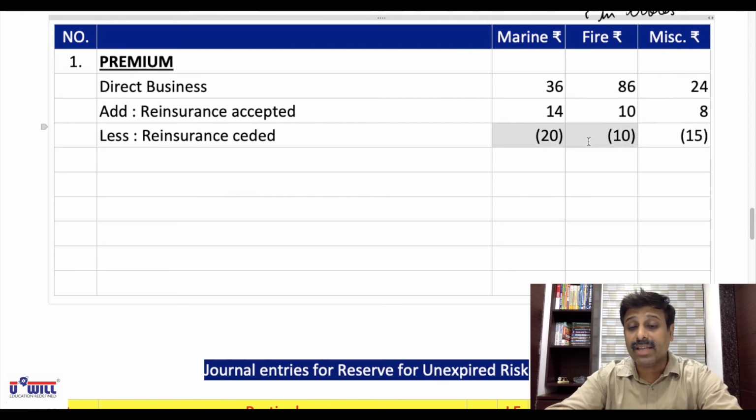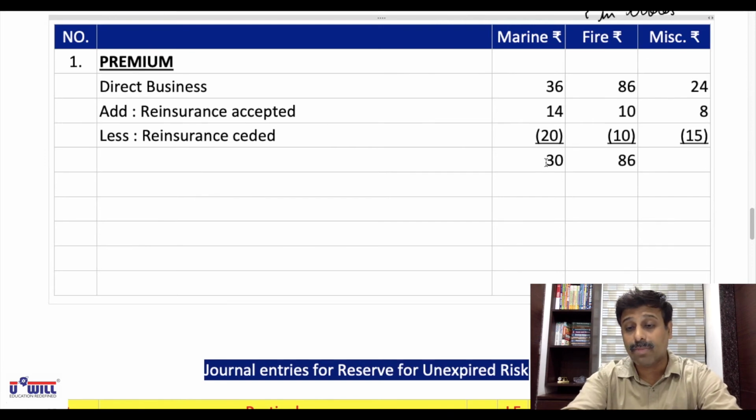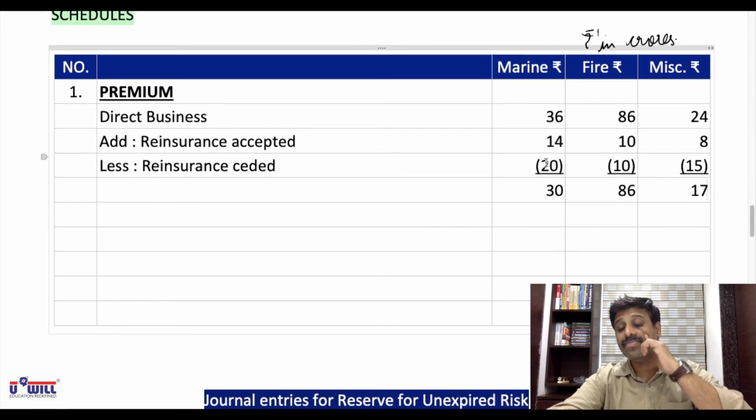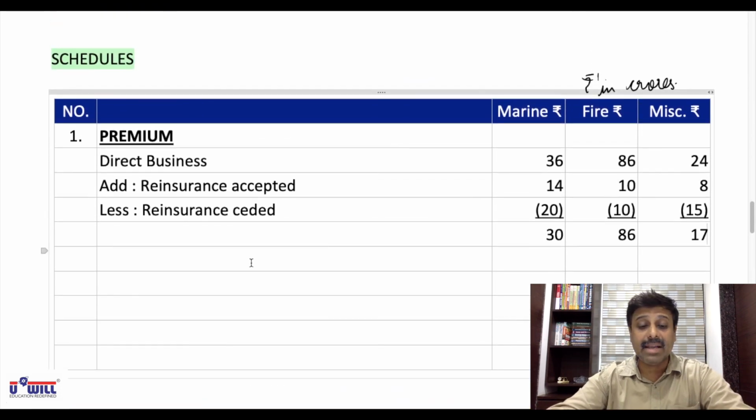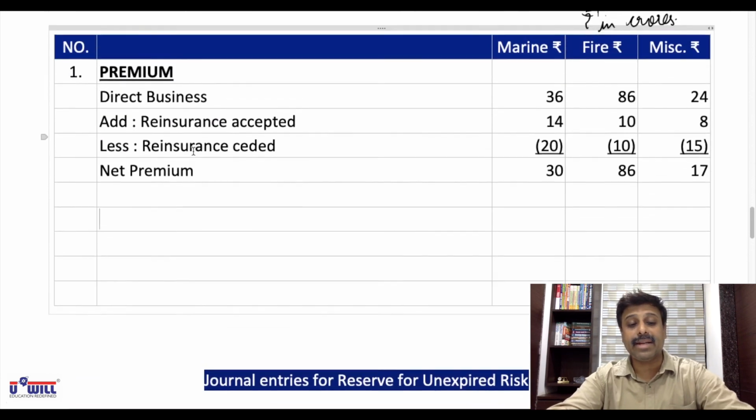So from this we will get the amount of net premium. 36 plus 14, 50, minus 20, 30. 86 plus 10 minus 10, so it will remain 86 only. 24 plus 8, 32. 32 minus 15, 17. So these are the amounts of net premium, after adding accepted and subtracting reinsurance ceded.